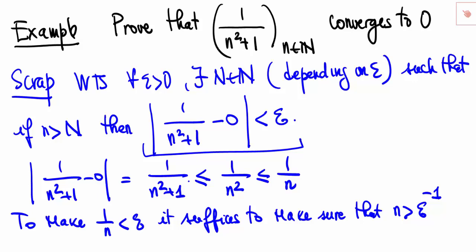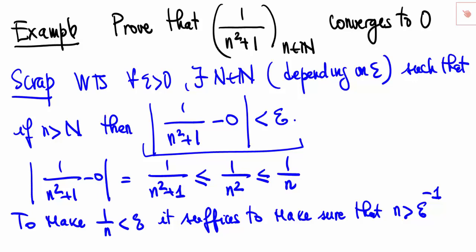Okay, and to simplify this, essentially we really want to make it as simple as possible by replacing this denominator by a simpler expression from above. That's the idea. So to make this fraction larger, we just need to make the denominator smaller, right? So 1 over n squared plus 1 is less or equal to 1 over n squared.